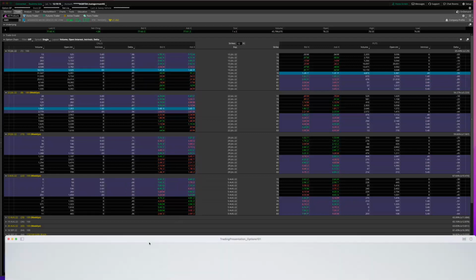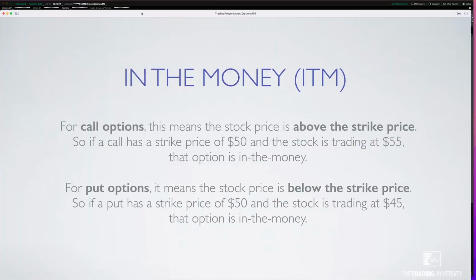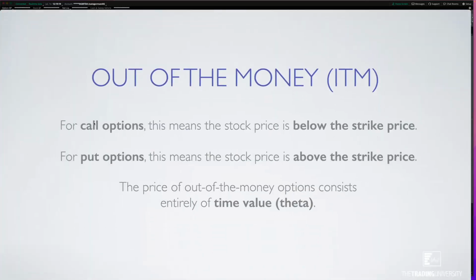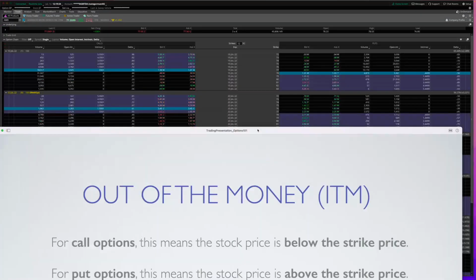So conversely, for out of the money call options, this means the stock price is below the strike price. And for put options, this means that the stock price is above the strike price. The price of out of the money options consists entirely of time value, which is theta, which we'll talk about in a minute.